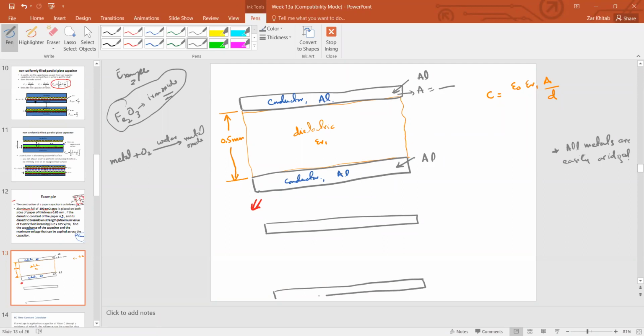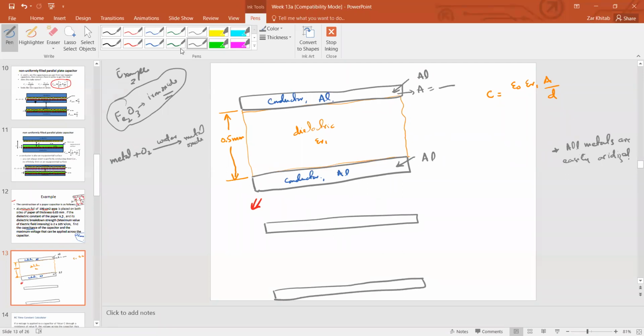सो जब एल्यूमिनियम की ऑक्सीडेशन होगी, रिमेंबर हमारे पास अभी भी वो जो डाइलेक्ट्रिक है वो पड़ा हुआ है, ठीक है। दोनों एल्यूमिनियम प्लेट्स के दरमियान डाइलेक्ट्रिक हमारा पड़ा हुआ है, ओके। This one is after few years, okay.